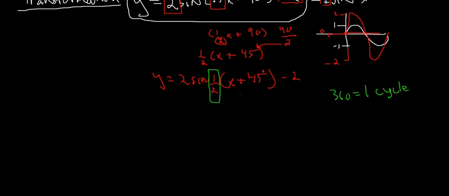The equation for our period is 360, or 2 pi, over the horizontal stretch. In this case it's half.